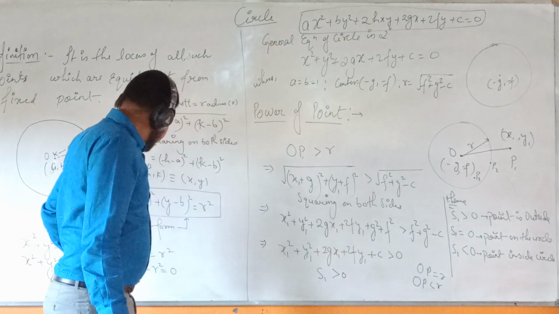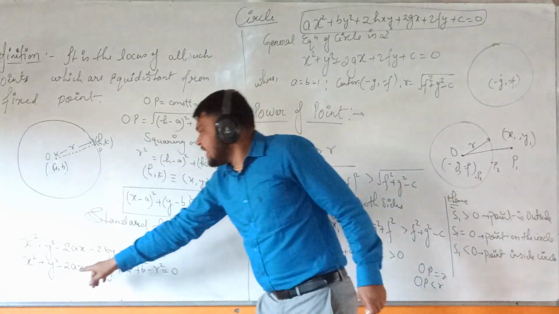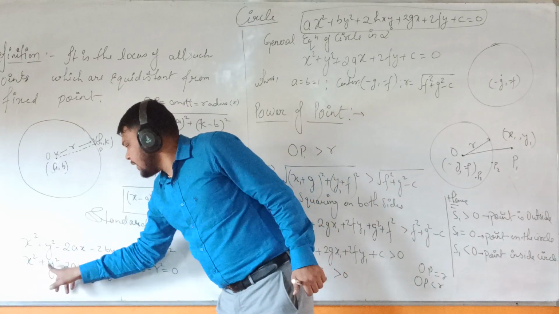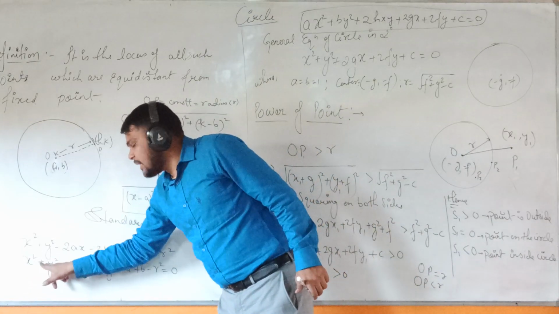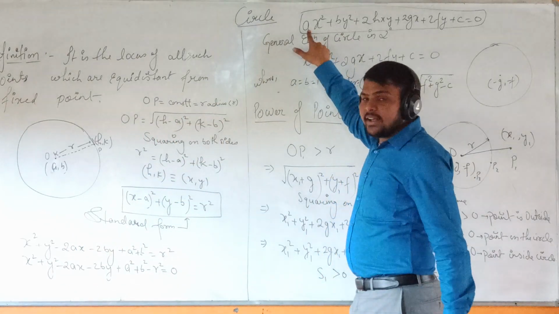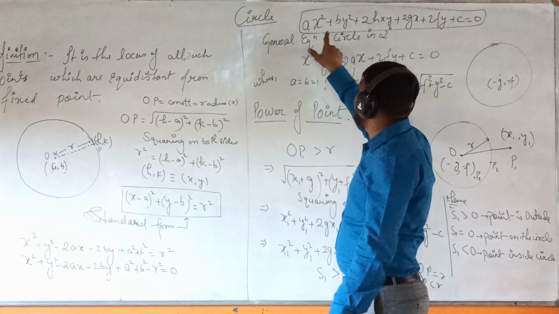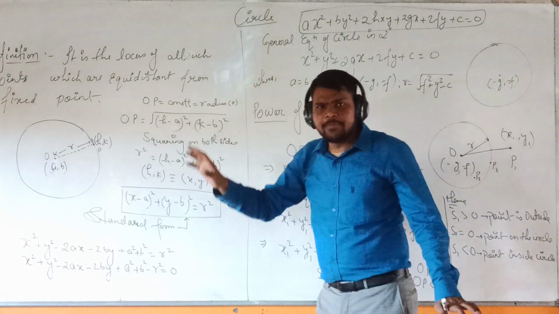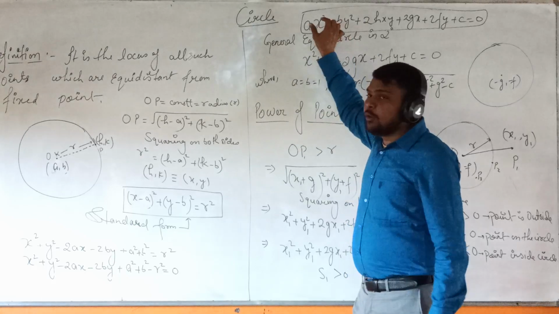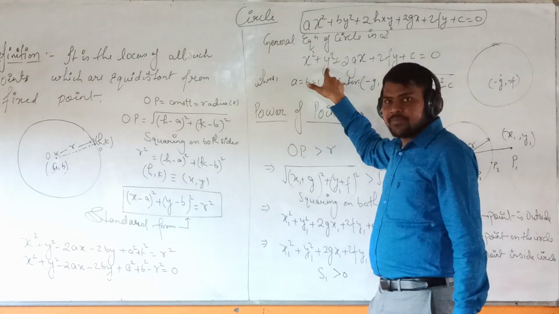Comparing this and this equation, we can see that the X square coefficient is 1, the Y square coefficient is 1, and both have the same coefficient. So the coefficient of X square, A, and the coefficient of Y square, B, should both be the same, equal to 1 sometimes. If it's not equal to 1, try to make it equal to 1. So the coefficients of X square and Y square are the same.